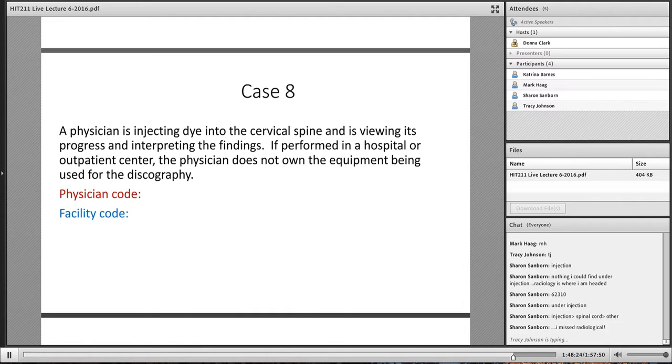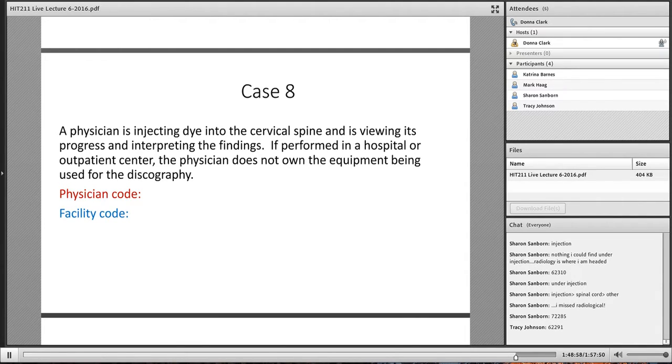What do you think? What you got? Now that's 722, that's your code for the radiology part. So 72285 is the radiological portion. 62291. Yes. All right. So those are the two codes we need.